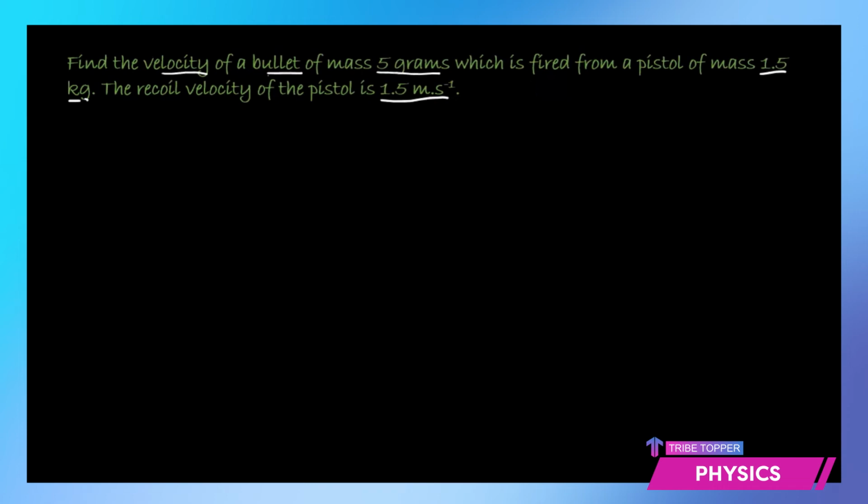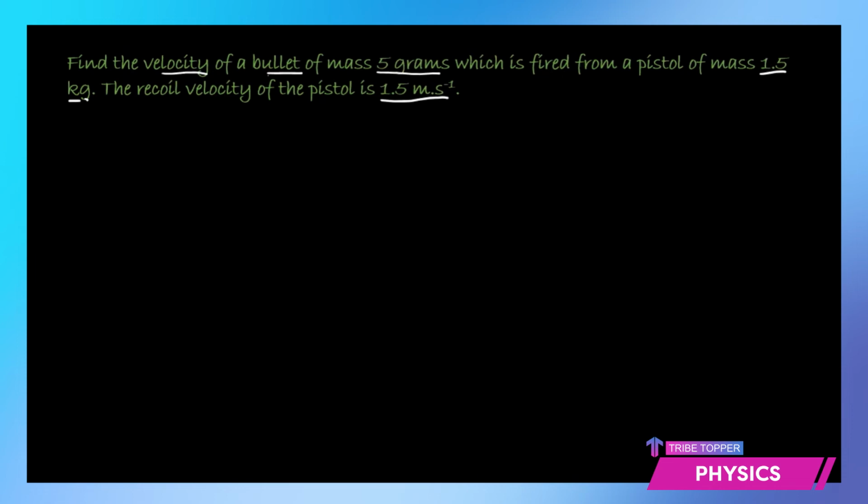One thing to note: the recoil velocity of the pistol is given here. By Newton's third law, when the bullet is fired from a gun, the bullet moves forward but it pushes the gun backward. A person who fires a gun feels a jerk backward in the shoulder, because the pistol recoils a bit.